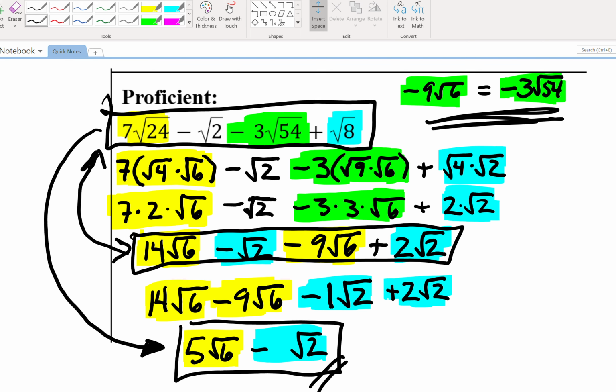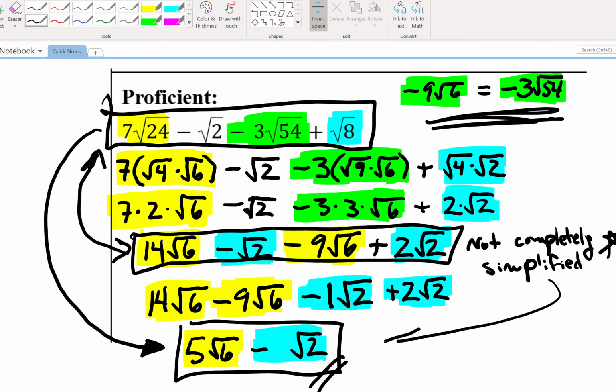Those would be equal, but this is not completely simplified. And so this would not give you full points on a test, but this would.